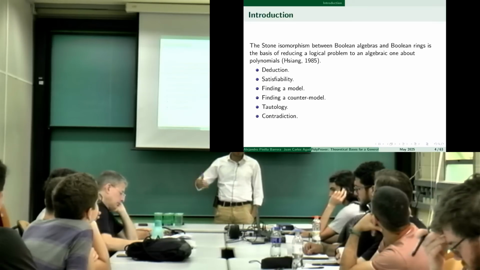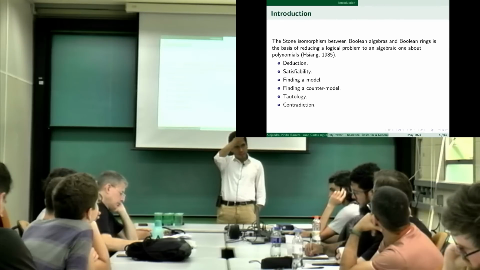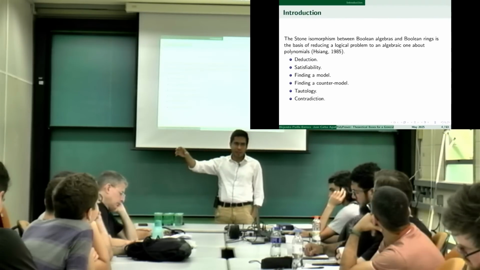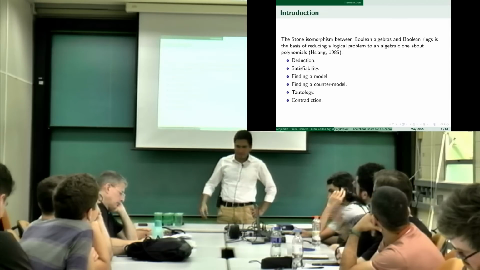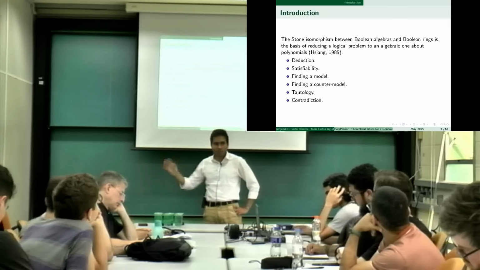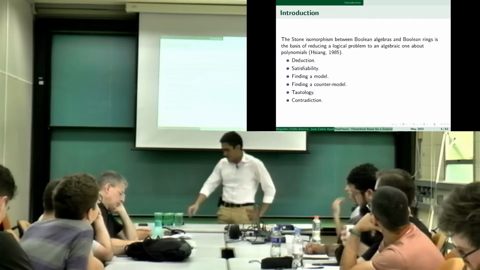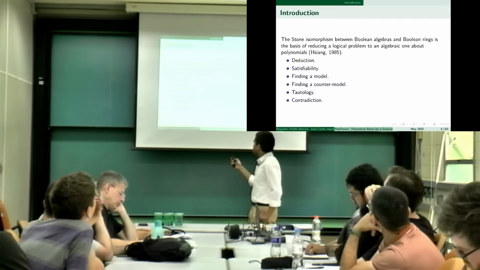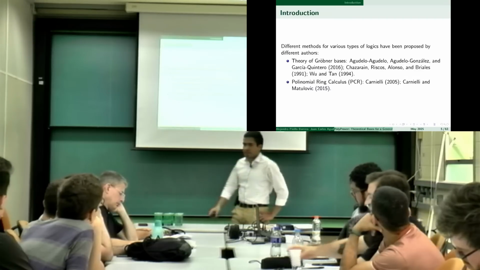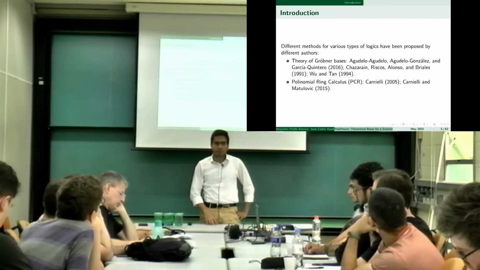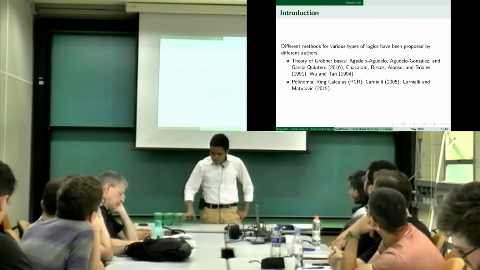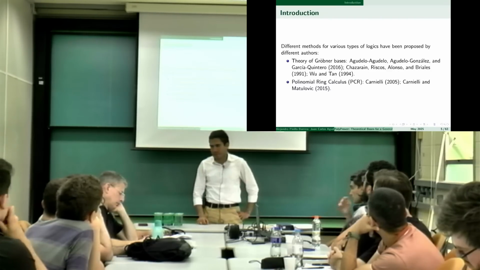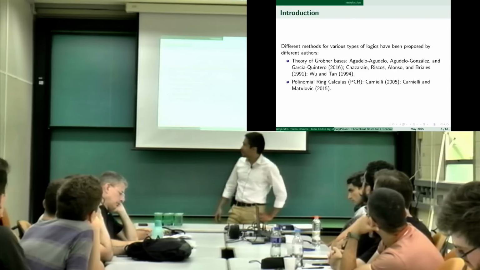Basically what we are going to do here is going from the category of logic to the category of algebra of polynomials and then solve the problem in the world of algebra. And if we have a way to come back, we can recover the solution of the logical problem, okay? In this way, at the end, the problem will be to solve the algebraic problems. So, in these matters, we have an expert here, which is Professor Carnielli.